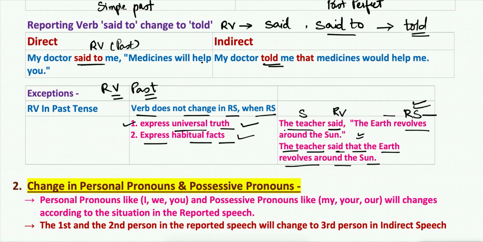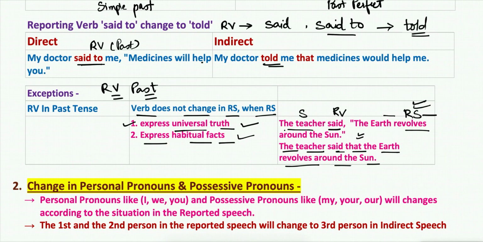Then simple past will change to past perfect. And one more thing we have learned, that if the reporting verb is written said to, it will change to told. Third thing, exception, that verb of the reported speech will not change when it expresses the universal truth or the habitual fact. So this is all about the change of verb.